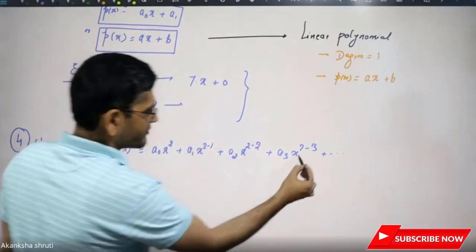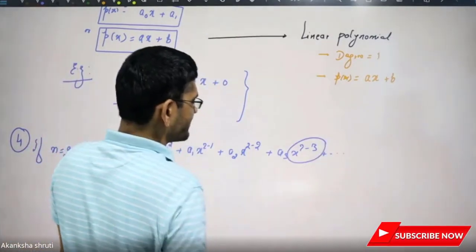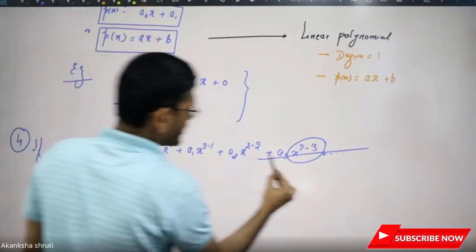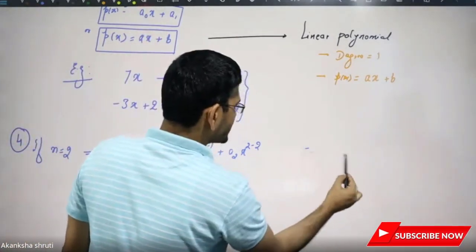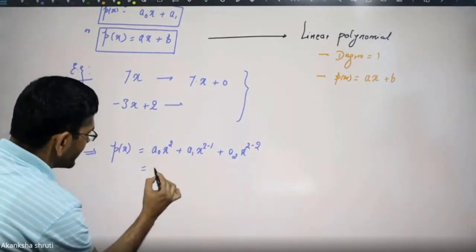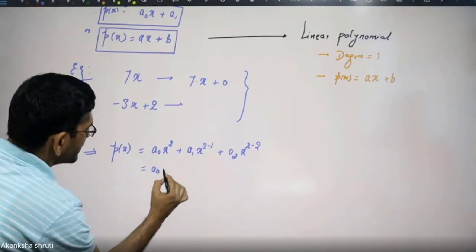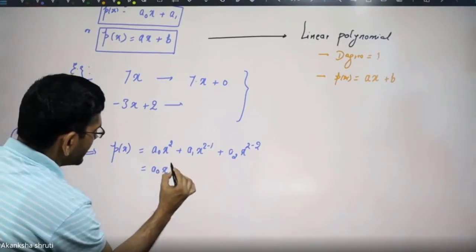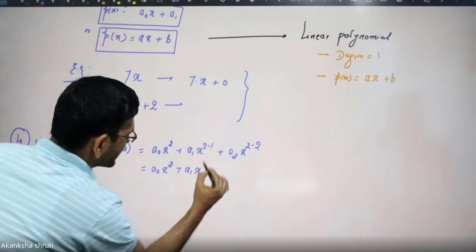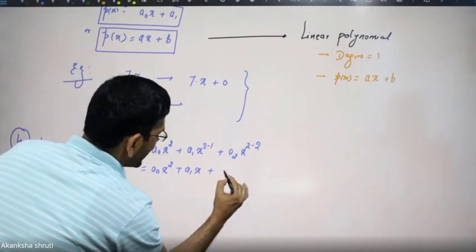But students, here these are going to give us negative powers of x, so these terms are not possible in the general form, so we need to leave them. Now this becomes a0 x squared plus a1 x, since 2 minus 1 is 1, it is not required to write.